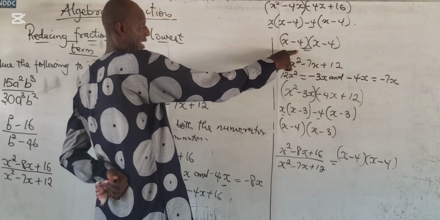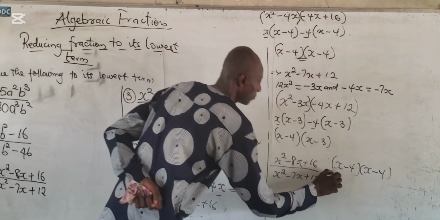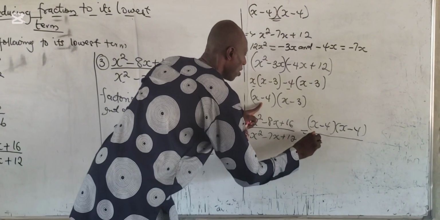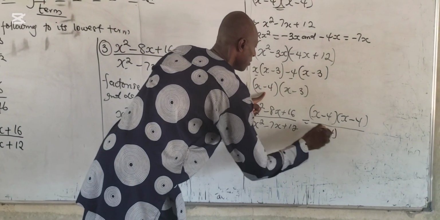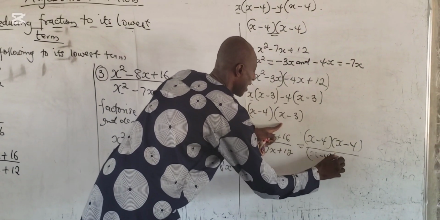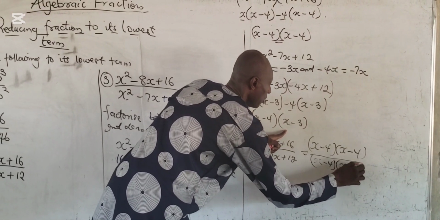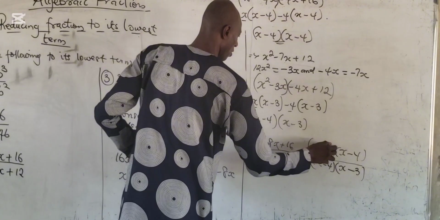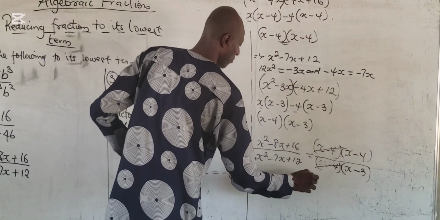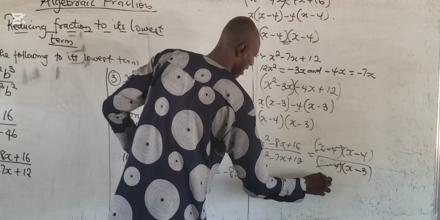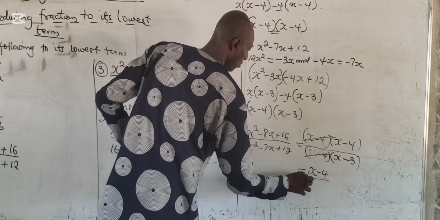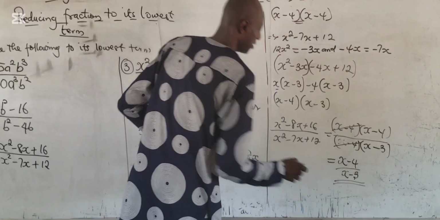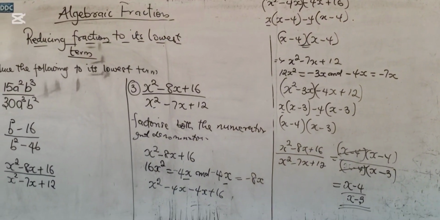Then the second factorization gives us x minus 4 and another x minus 3. So in that place, you look at what is common. x minus 4 can cancel x minus 4. So our final answer is x minus 4 over x minus 3. So that is how we can reduce that to the lowest term.